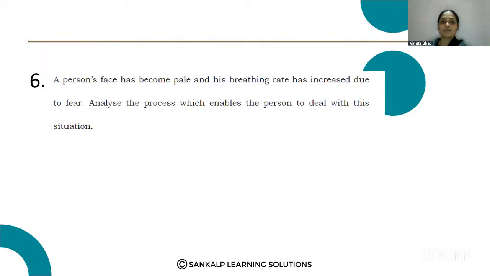A person's face has become pale and his breathing rate has increased due to fear. Analyze the process which enables the person to deal with this situation. So here the person should get ready to face the situation.